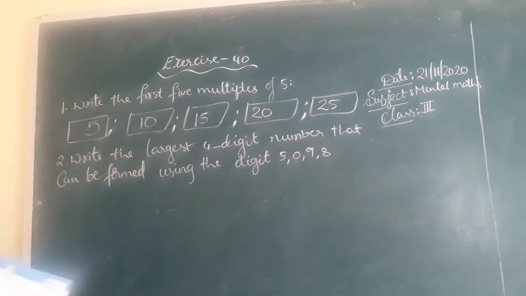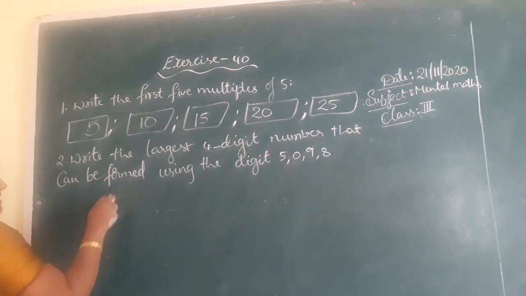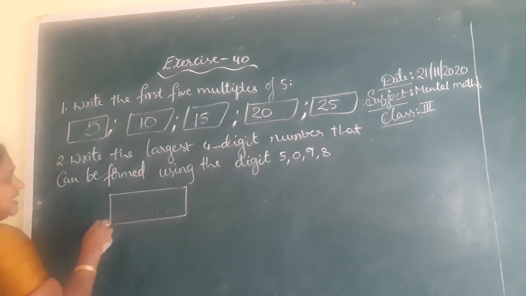What is the question they have given? We have to write the largest 4-digit number with these digits. What are those? 5, 0, 9, 8.